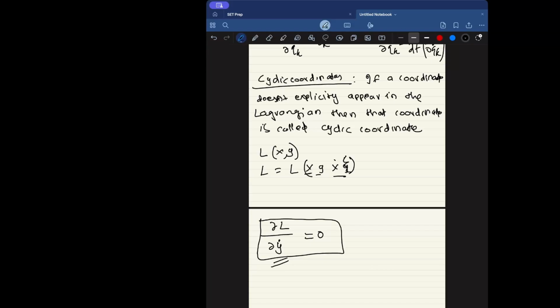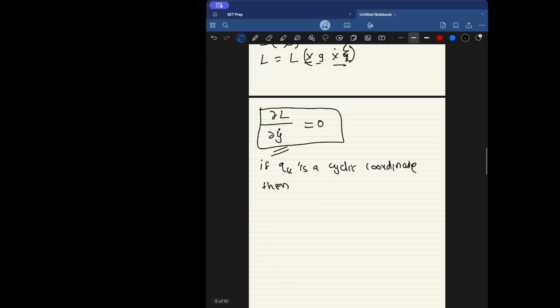In the general case, if qk is a cyclic coordinate, then dou L by dou qk equal to 0.